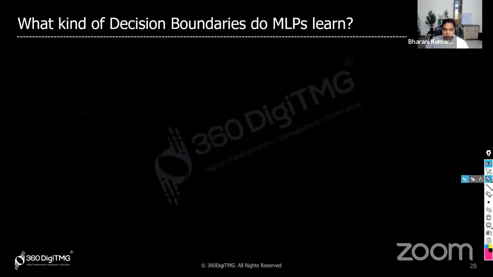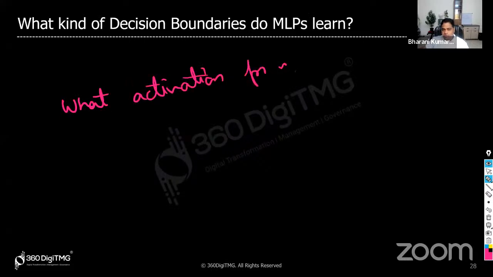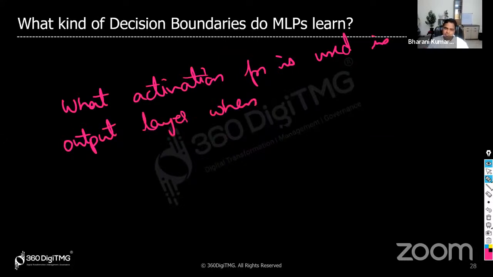So quick question for you all. What activation function is used in the output layer when the output variable is continuous? Yep. What do you think is the answer, friends?